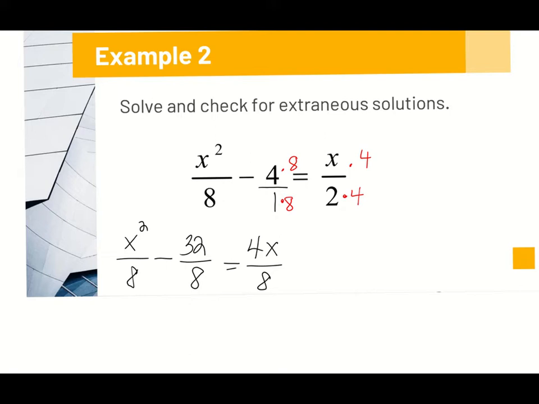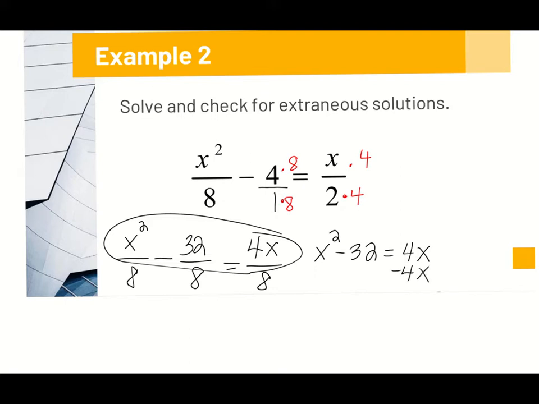So I just need to solve the numerator. So I have x squared minus 32 equal to 4x. When I have something that's x squared, I need to get everything on that side so then I can factor. So I want to subtract 4x. That's not going to combine with anything. So it's just going to become x squared minus 4x minus 32 is equal to 0. So now that it's set equal to 0, I can factor.